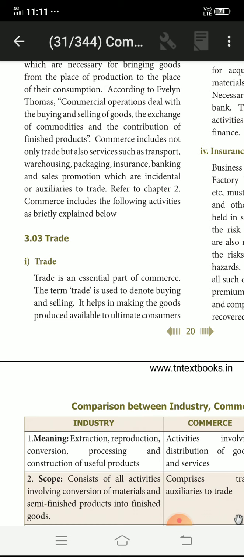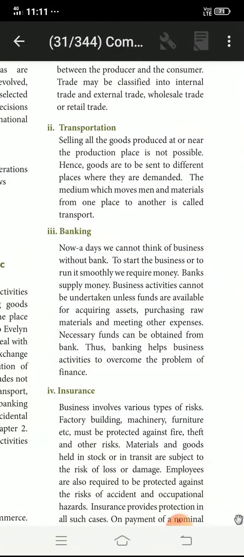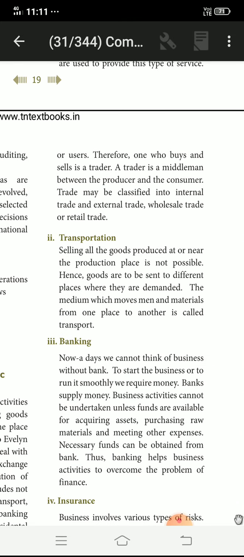The persons involved in this process, the buyer and seller, are called traders, and they take the goods to the ultimate consumers or users. Therefore, one who buys and sells is a trader. A trader is a middleman between the producer and the consumer. He is the link between the producer and the consumer, and they are called middlemen.